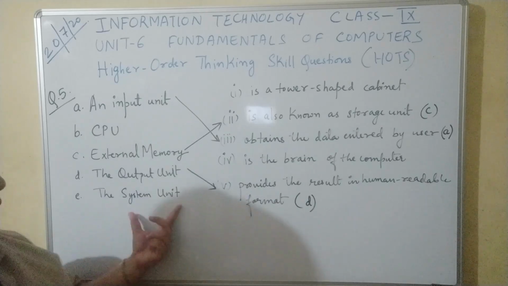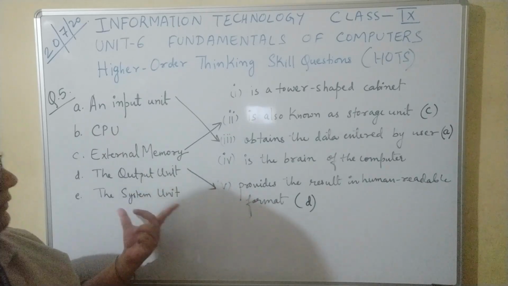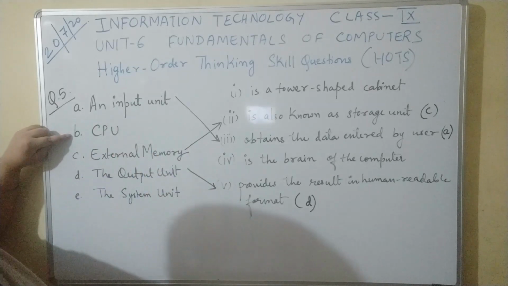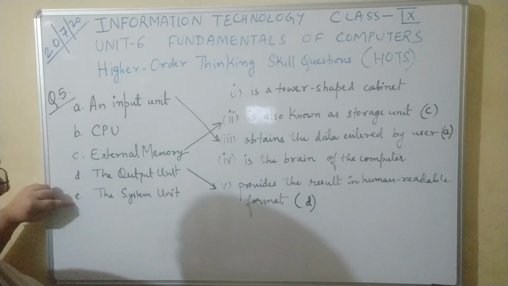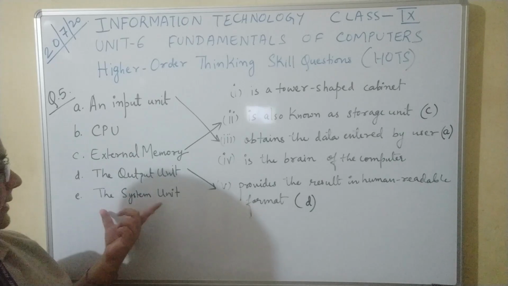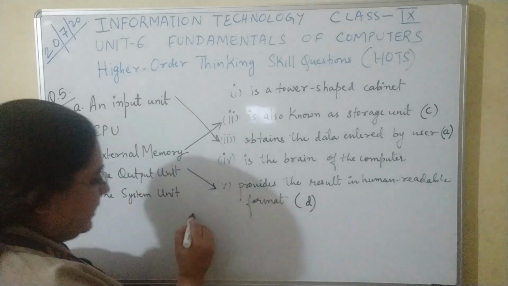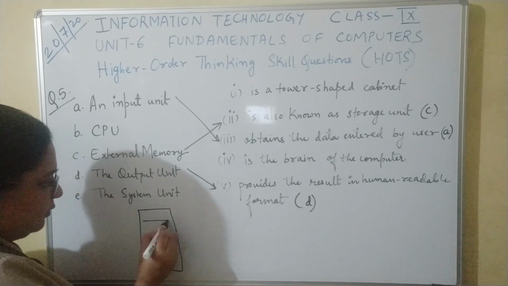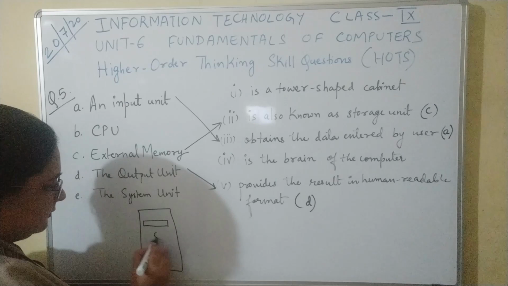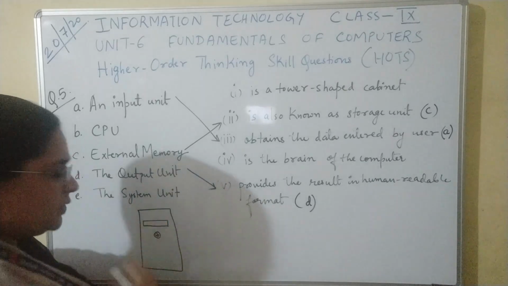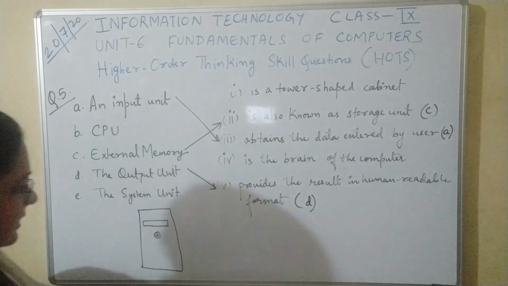Next is the system unit. Now what is the system unit? We have two different options here. We had left CPU, so we will be considering CPU and the system unit. Over here there is a difference. System unit means the entire big box which you see, which normally we say is the CPU. It has a power button, and that power button is used for switching on the CPU box or the system unit.